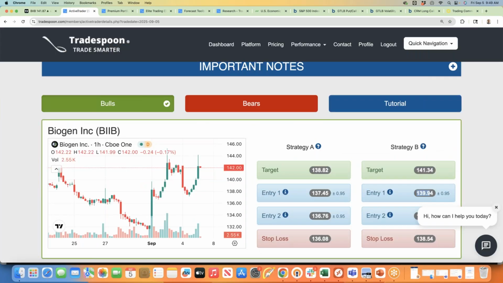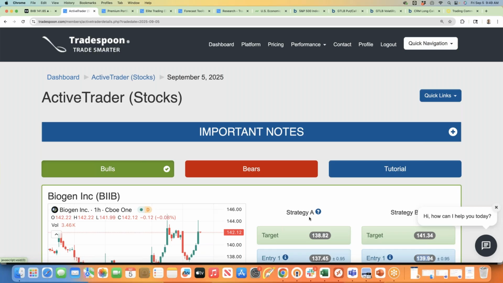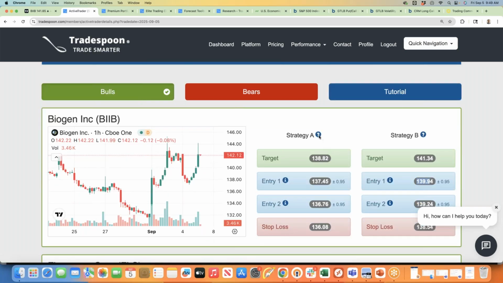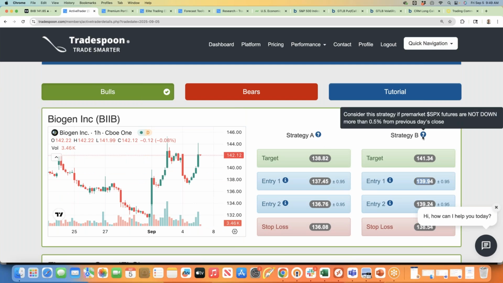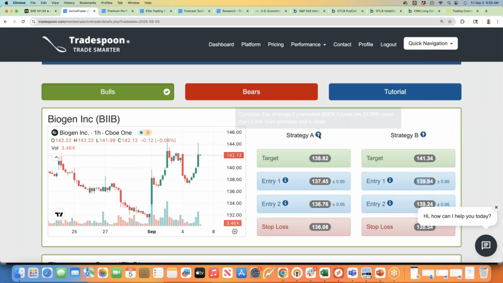But you can see that definitely this is, if you're looking for a short-term bullish idea, the idea that as of right now is still outperforming the market, right? Biogen. You can buy stocks or you can buy options. I suggest again, look at strategy A, just look at the pre-market data versus strategy B. If the pre-market is up, then you would buy at 139.94.